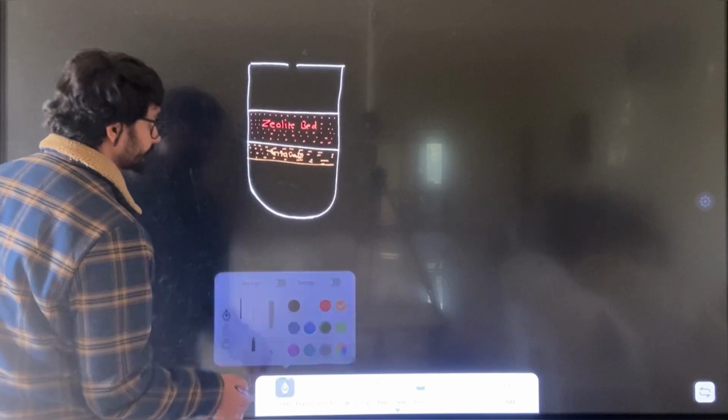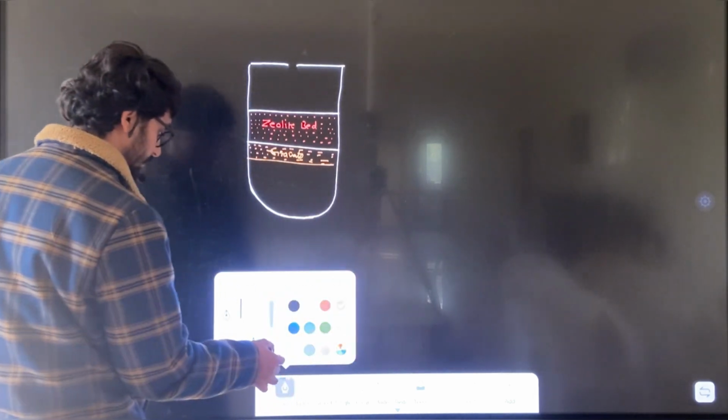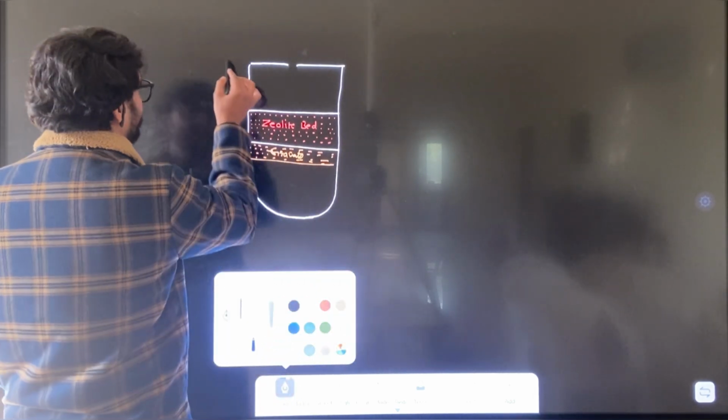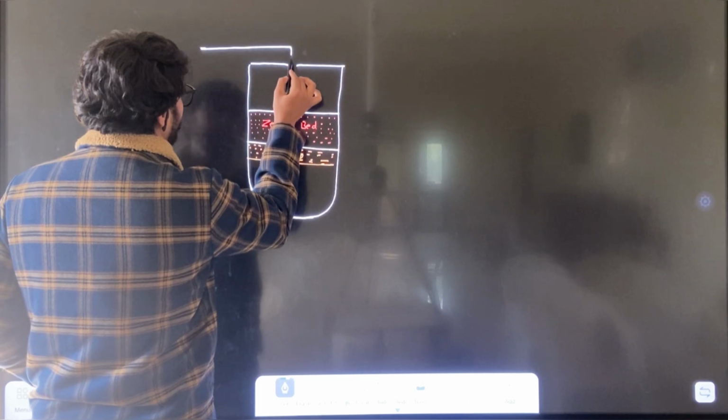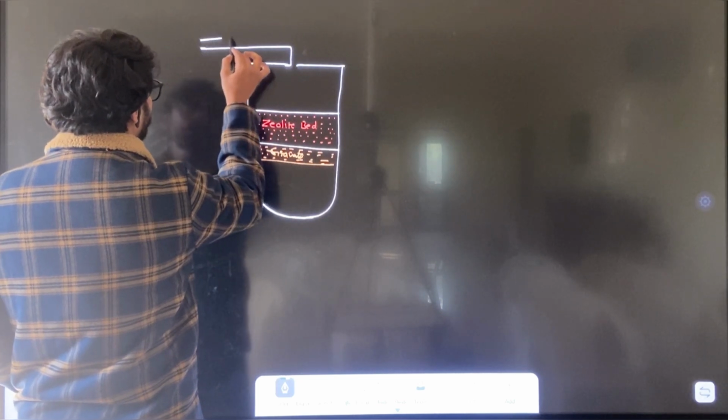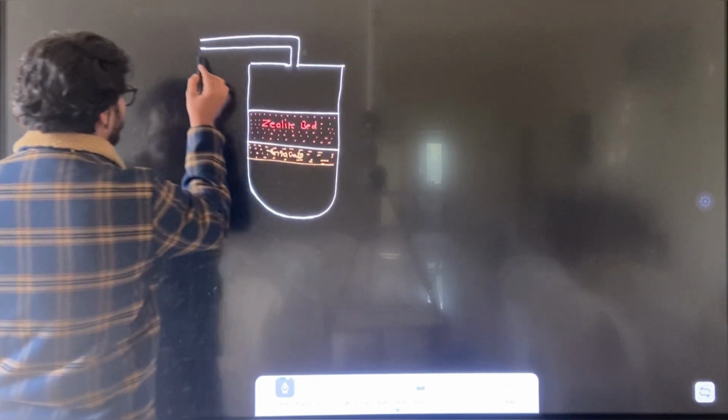All right, and through this, for the hard water, we transfer hard water into the tank.